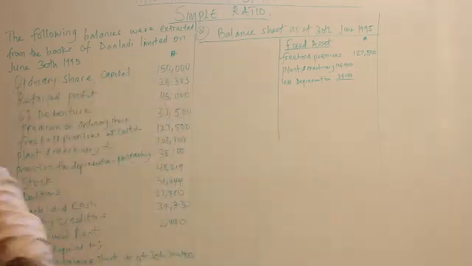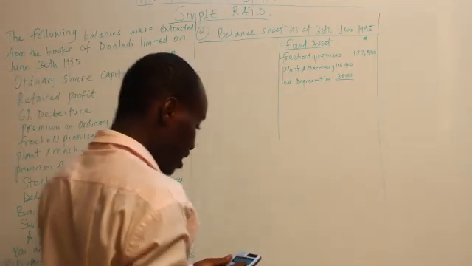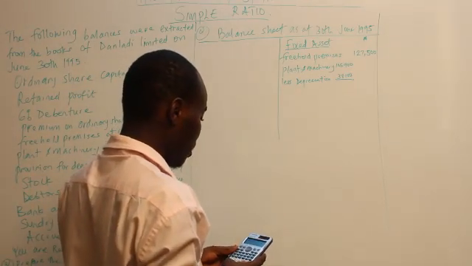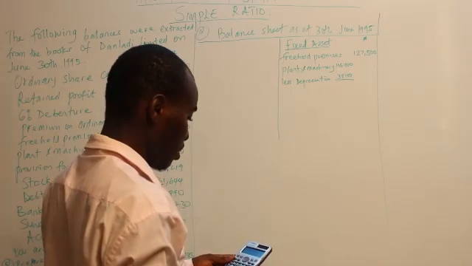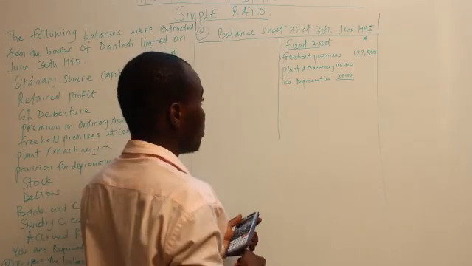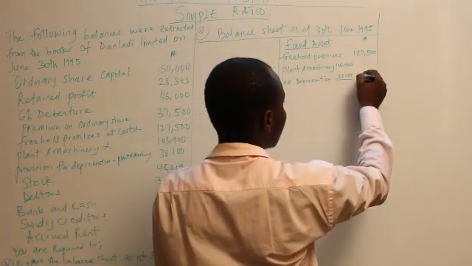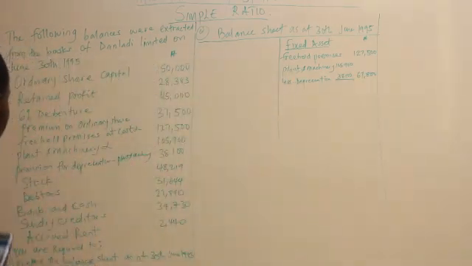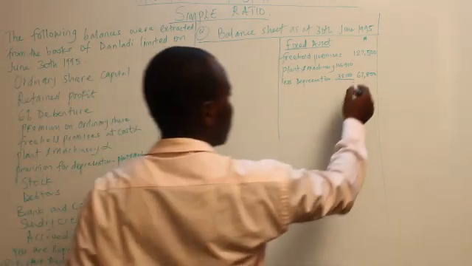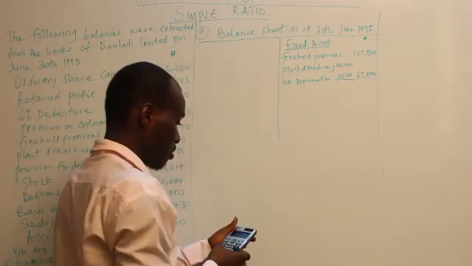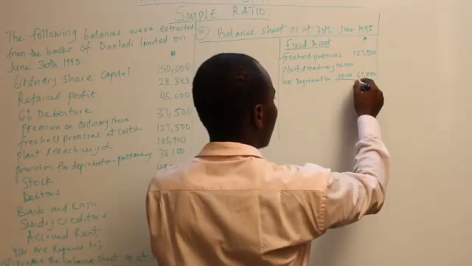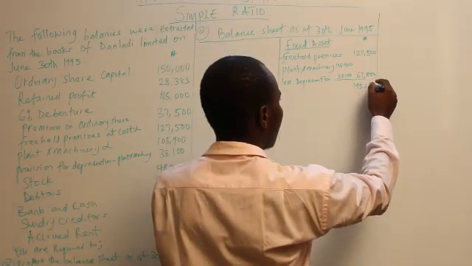So 105,900 minus 38,100 gives 67,800. Do we have any other fixed assets? No. Okay, we add plus 127,500, and then we have 195,300.